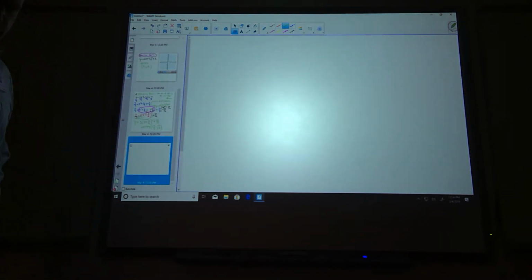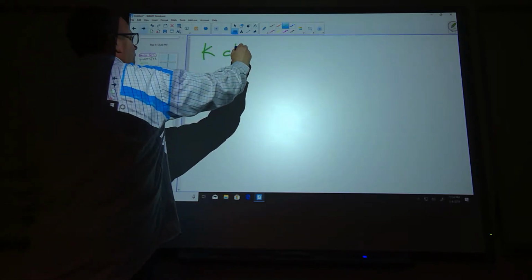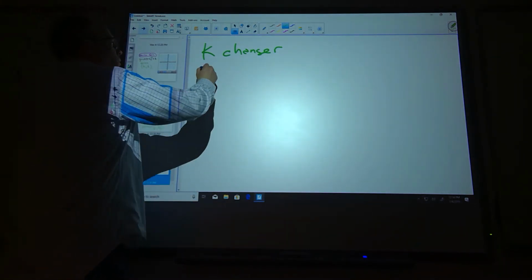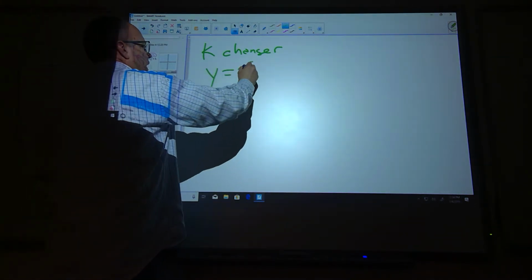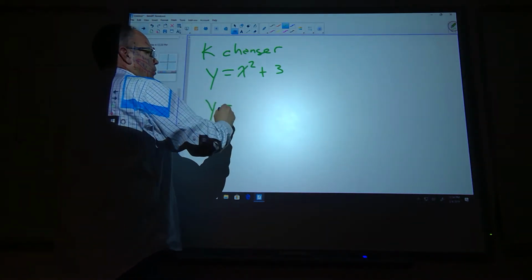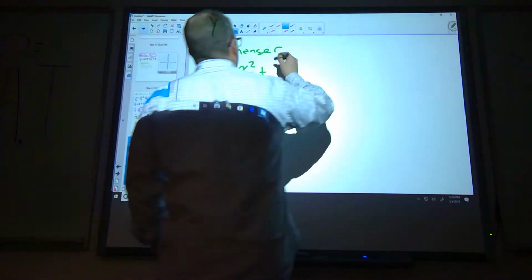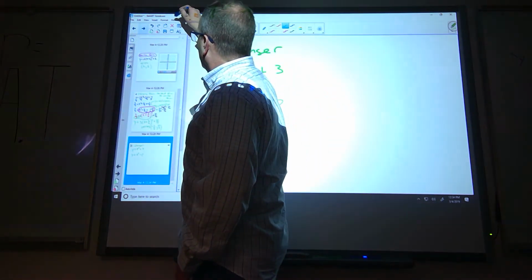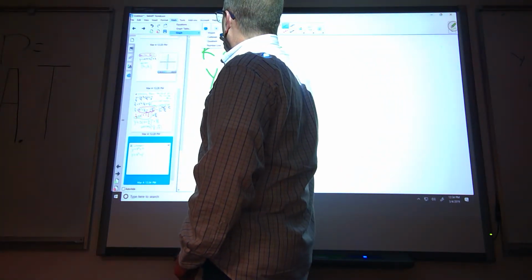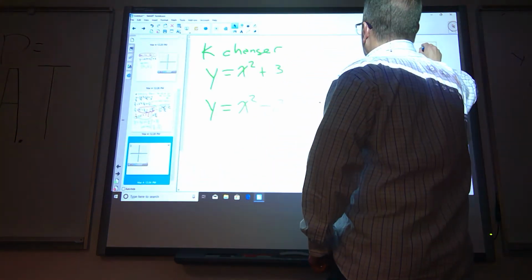All right, so let's talk about the K changer. 1, 2, 3, 4. Yay. The K changer. So if I had y equals x squared plus 3, and if I had y equals x squared minus 2. Okay, let's draw the parent function in first. The parent function is the most basic version of this.